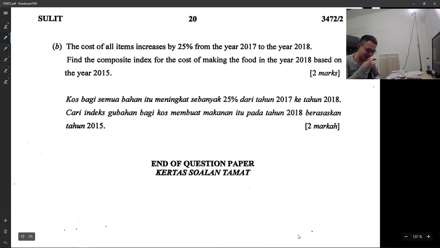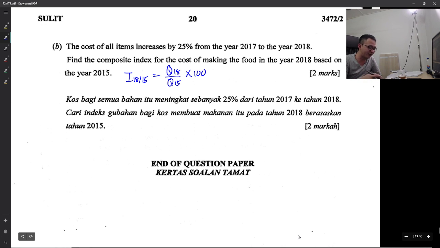And then the last part, the cost of all items increased 25% from the year 2017 to 2018. They ask you to find a composite index for the cost of making the food in 2018 based on 2015. So they asked about composite index for 1815. So logically, I want to get Q18 over Q15 times 100, right?